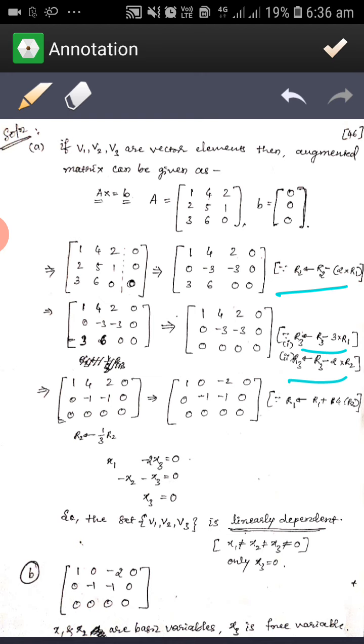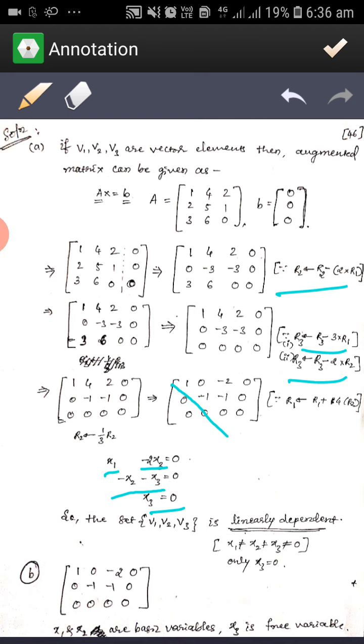After applying all these operations, we get the equations like this: the lower triangle is 0 and the diagonals are 1, minus 1, 0. The equations are x1 minus x2 plus x3 equal to 0, minus x2 minus x3 equal to 0, and x3 equal to 0 here.